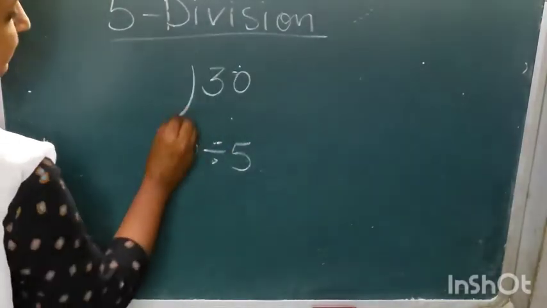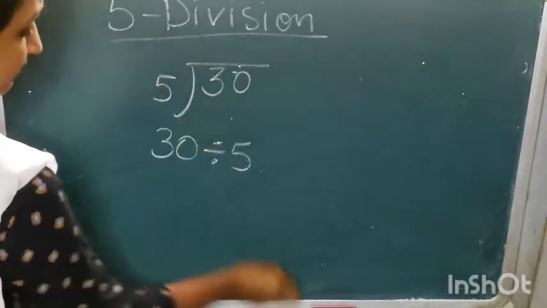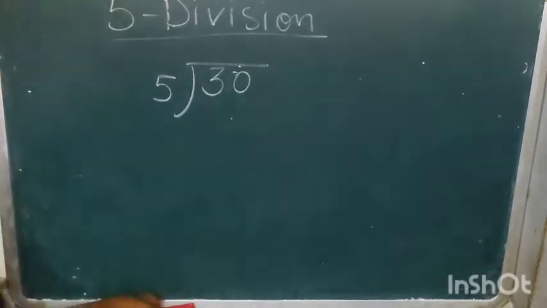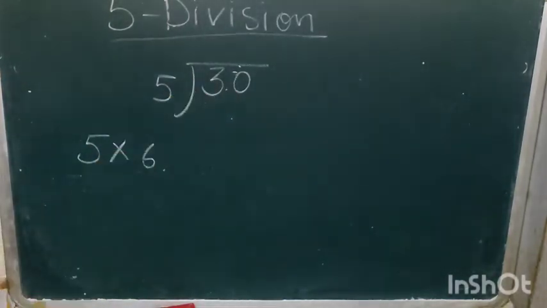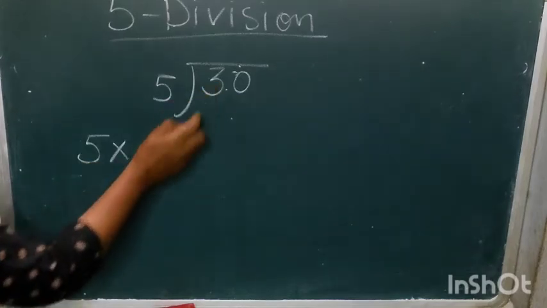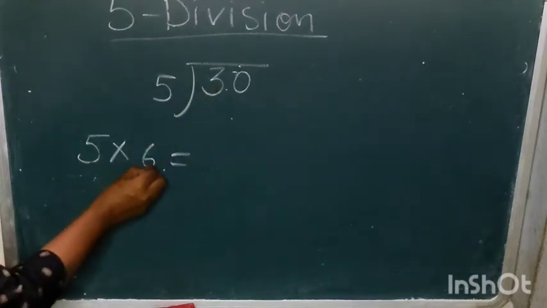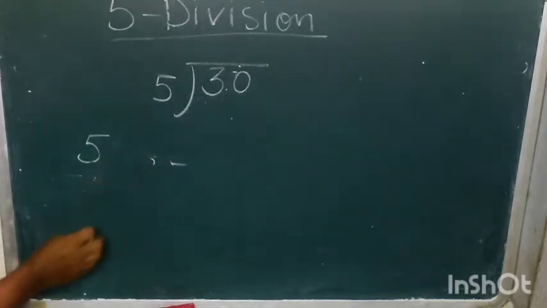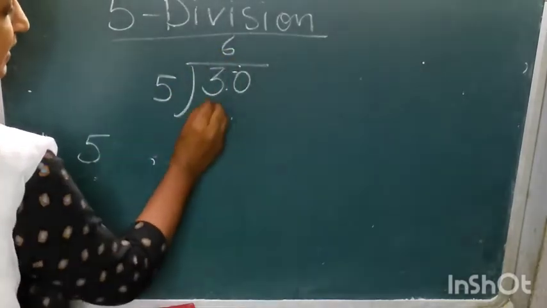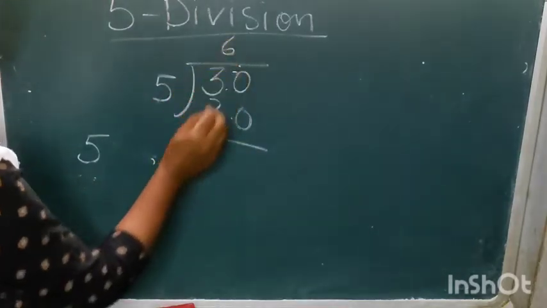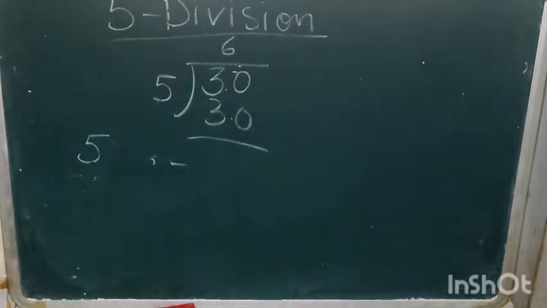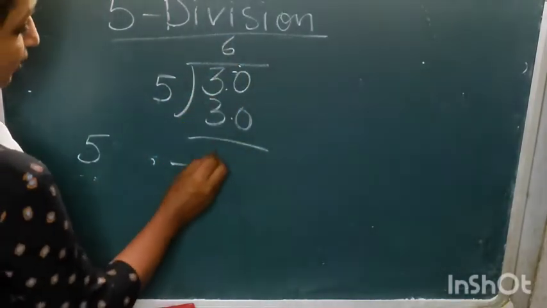So we should know 5 multiplied by how many times gives 30. 5 into 6 is equal to 30. We multiply 5 by 6, we get 30. Write here 6 and 30. So 5 into 6 is 30. When you subtract, you get 0.